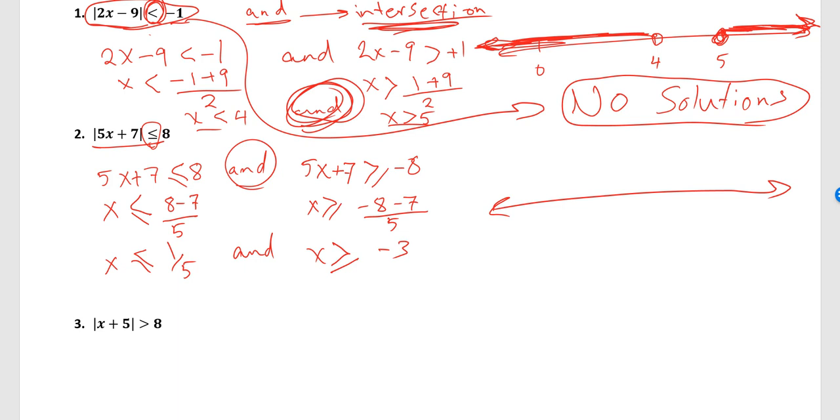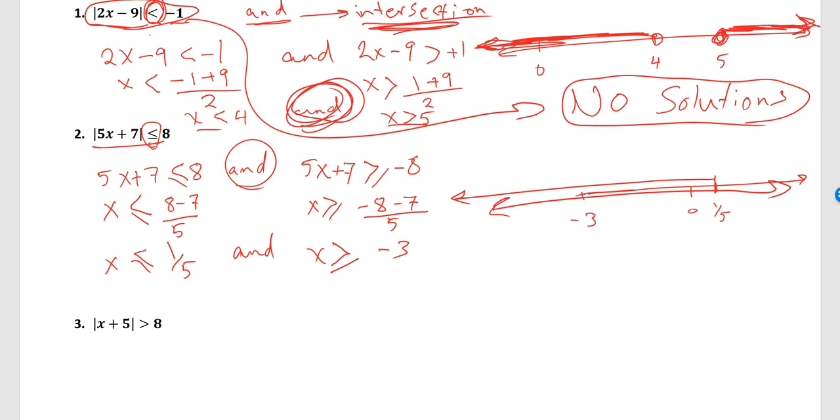Okay, so graphing this on the number line, we have 0, 1/5, and then minus 3 is somewhere here, right? So x is greater than or equal to minus 3, so it goes this way, and then x is less than or equal to 1/5 goes this way.